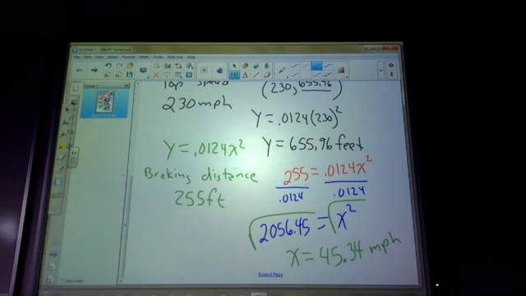What's that? We're not to exponentials yet. Tell your tutor. You're ready? All right.